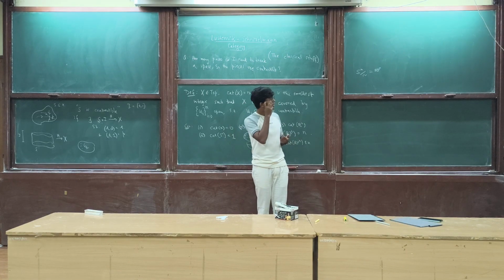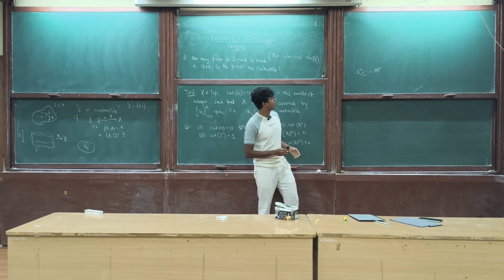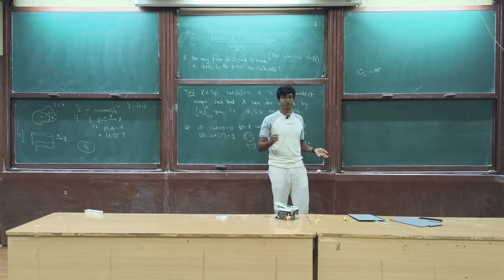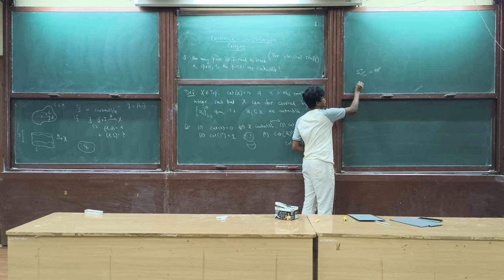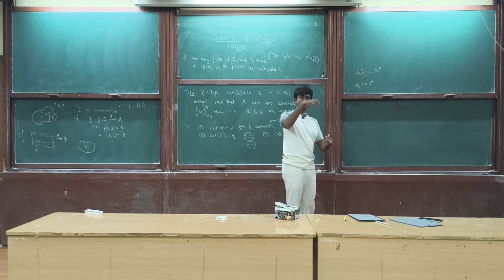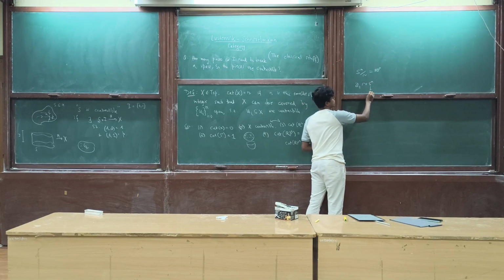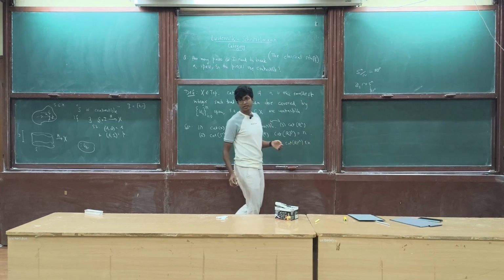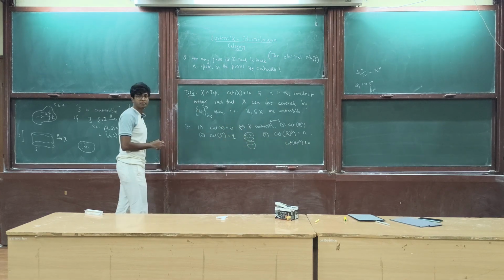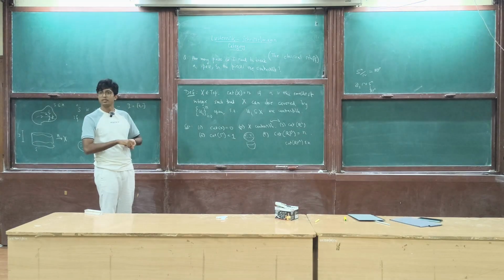You can think of them as all lines passing through the origin in Rn as well. Or if you like group theory more, you can think of a Z2 action on Sn by reflecting about the origin, x going to negative x, and the quotient that you get is RPN. There are several constructions of RPN, but basically it's just a sphere, but you don't distinguish between antipodal points. Okay.